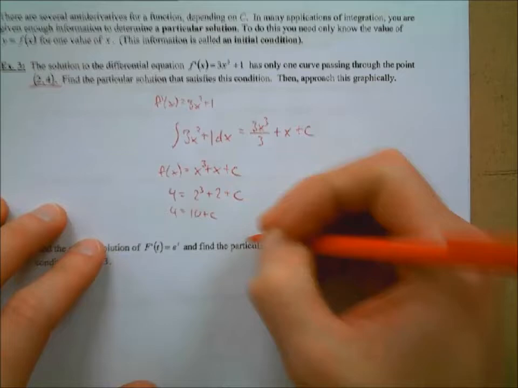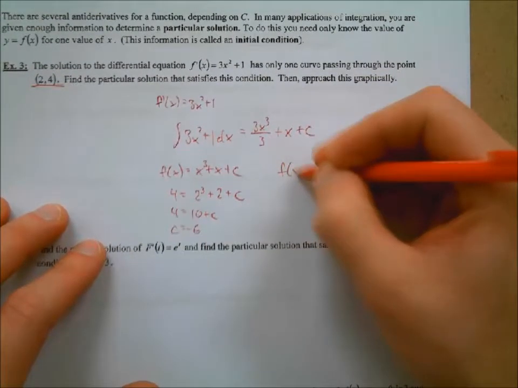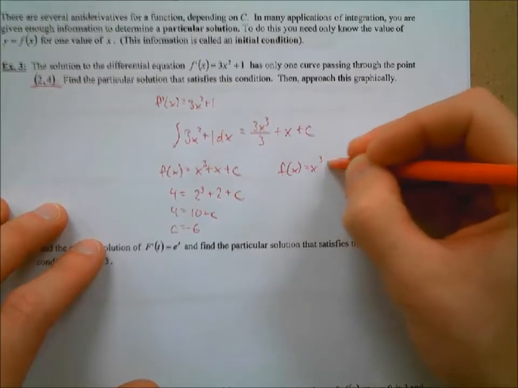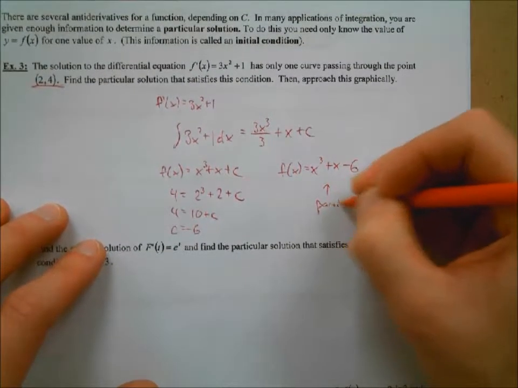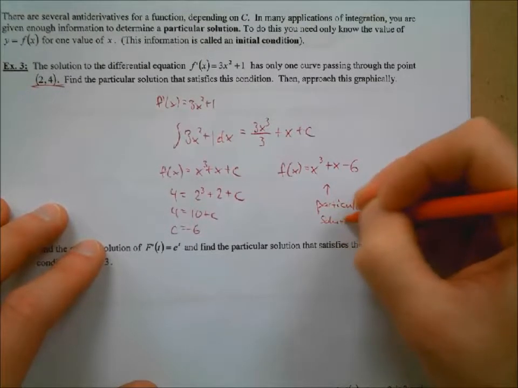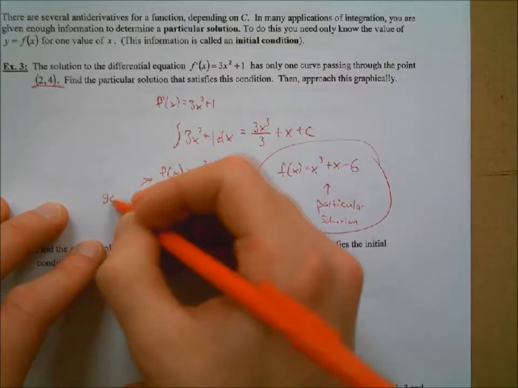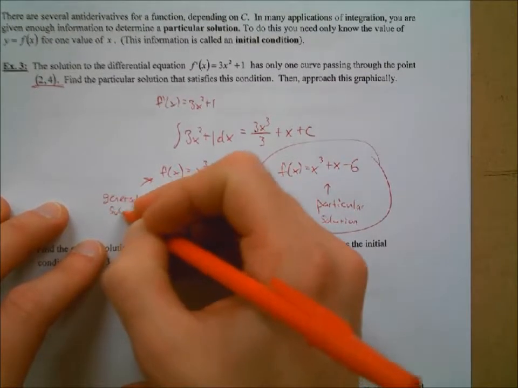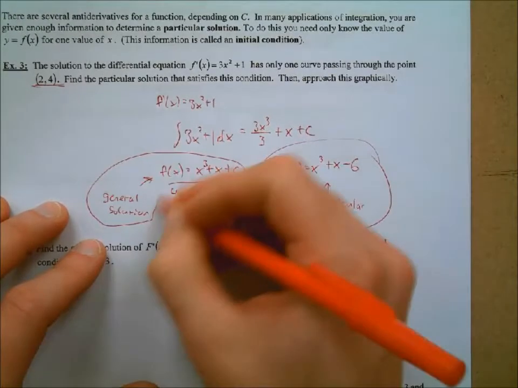So subtract 10 from both sides. c is negative 6. So the particular solution is x cubed plus x minus 6. This was, remember, the general solution.